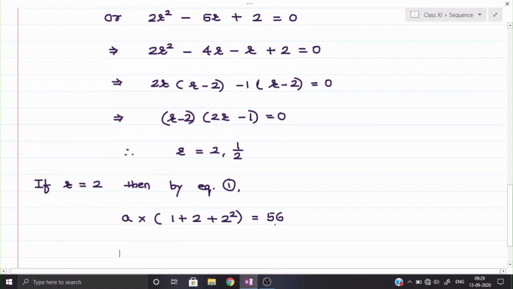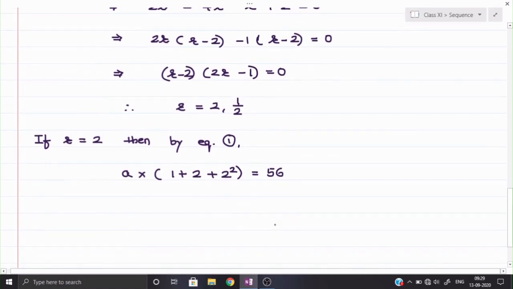Little bit we shall calculate orally. 1 plus 4 is 5, 5 plus 2... 7 8s are 56, so 7 cancels 56. So from here we can say that A will be equal to 7.